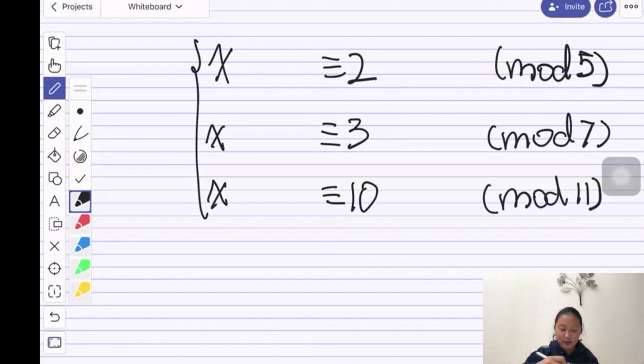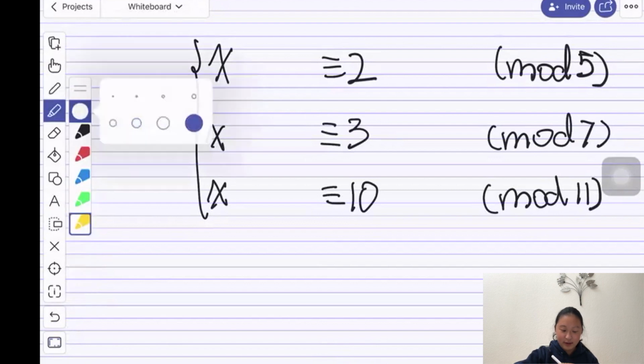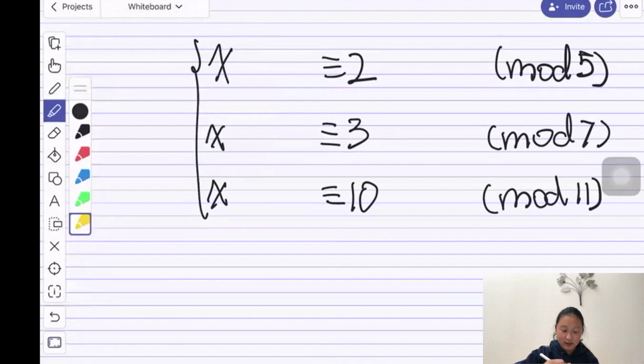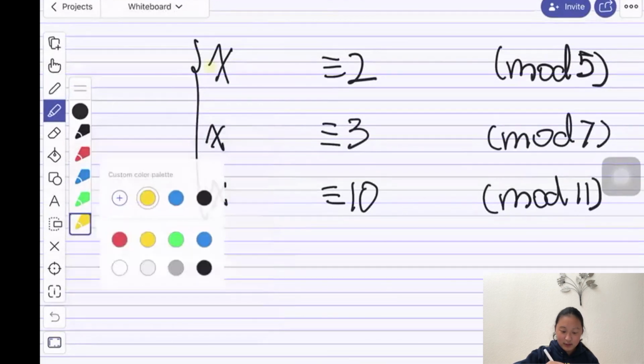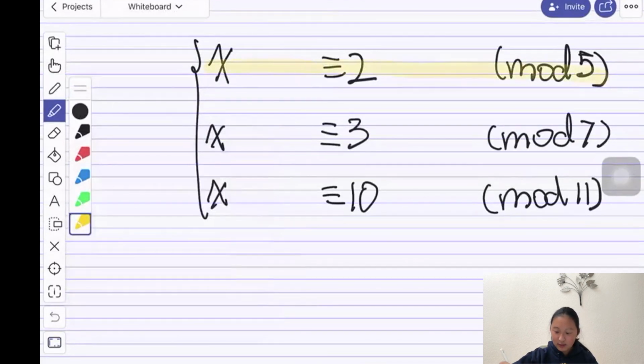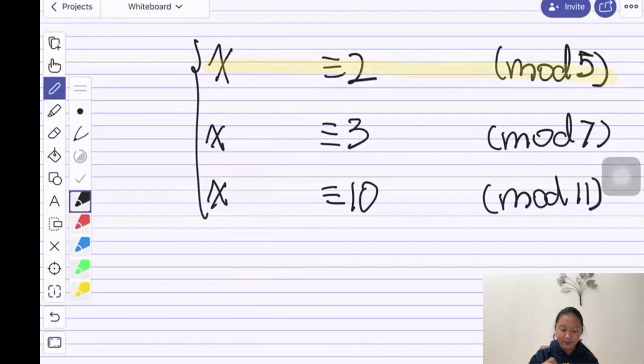Now, let's look at the first equation. So then we want to add something to x to make it congruent to 0 mod 5.